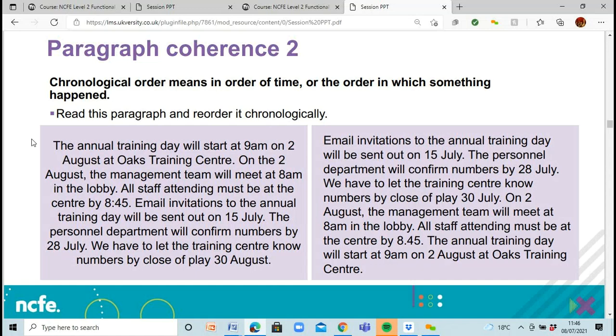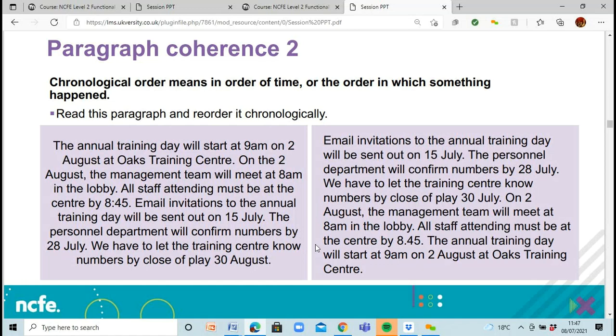On the 2nd of August, the management team will meet at 8 a.m. in the lobby. All staff attending must be at the centre by 8:45. Email invitations to the annual training day will be sent out on the 15th of July. The personnel department will confirm numbers by 28th of July, and we have to let the training centre know numbers by close of play on 30th of August. Now, this is quite confusing.